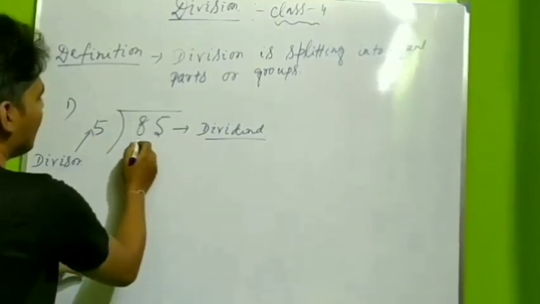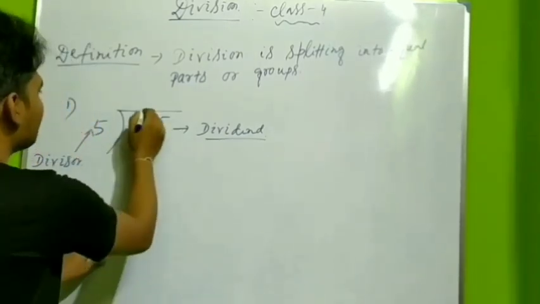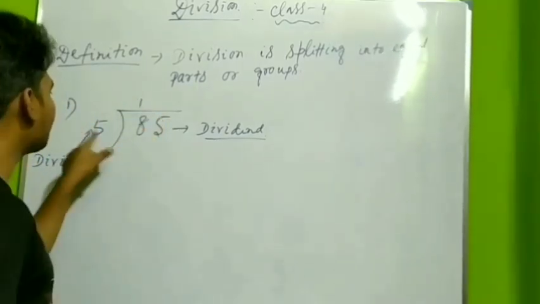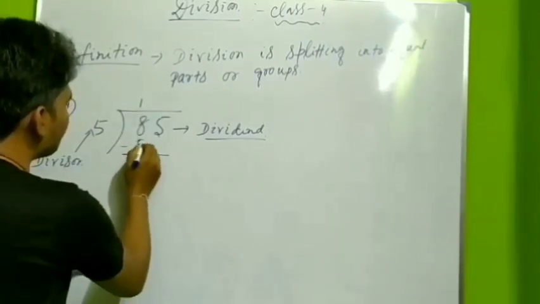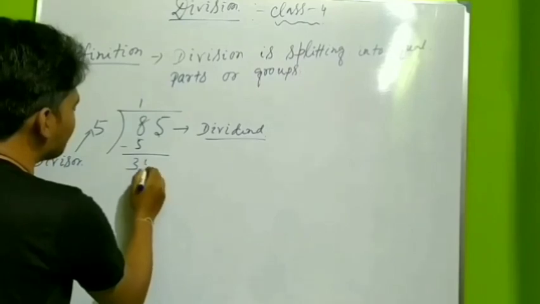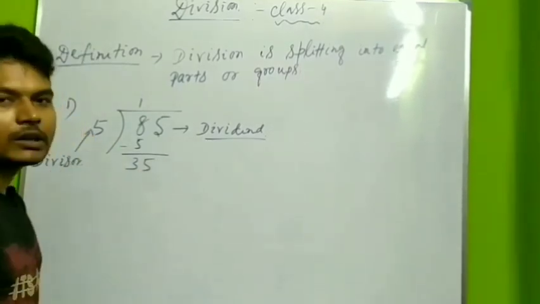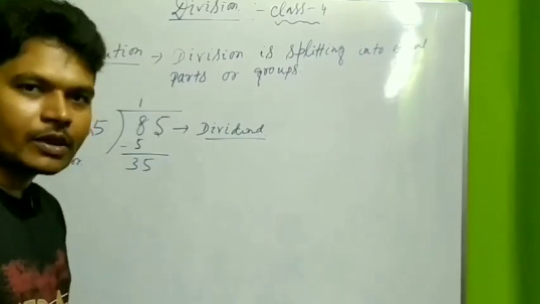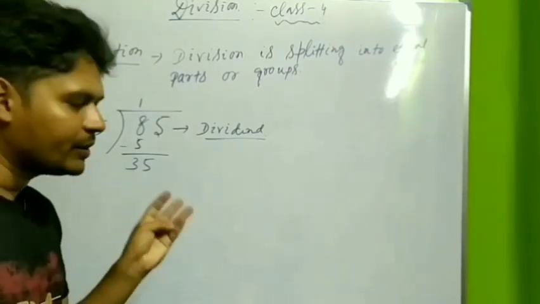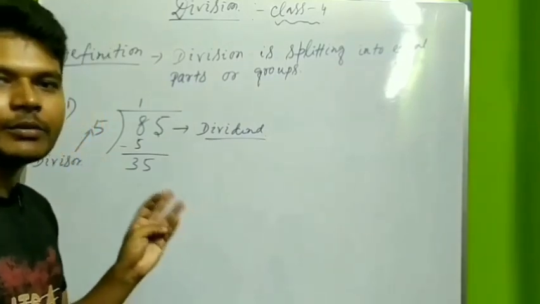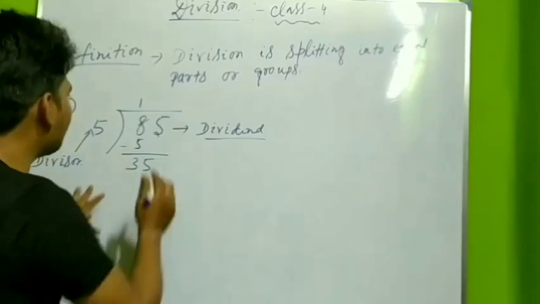As 8 is greater than 5, we take only one single digit. So we multiply 5 into 1, we get 5 here. 8 minus 5 is 3, then 5 comes down. Now the number is 35. Now you remember the multiplication table of 5. 5 into 1, 5; 5 into 2, 10; 5 into 3, 15; 5 into 4, 20; 5 into 5, 25; 5 into 6, 30; 5 into 7, 35.